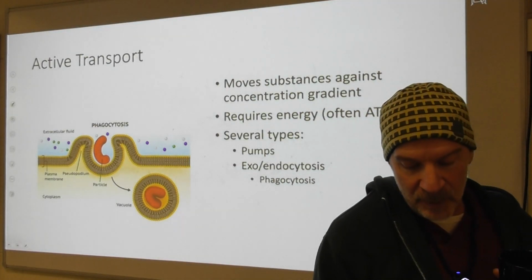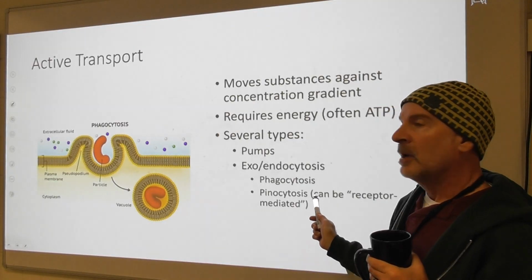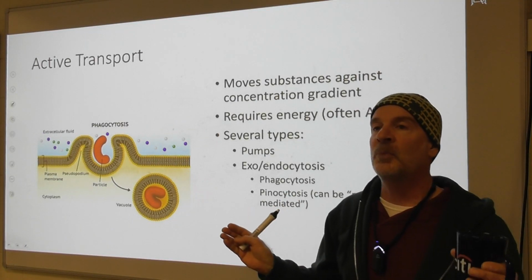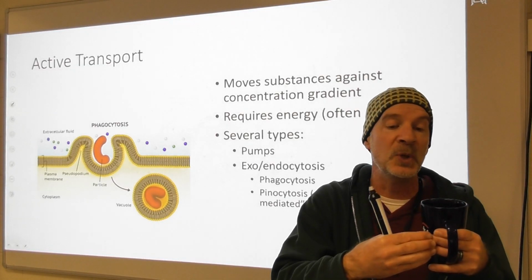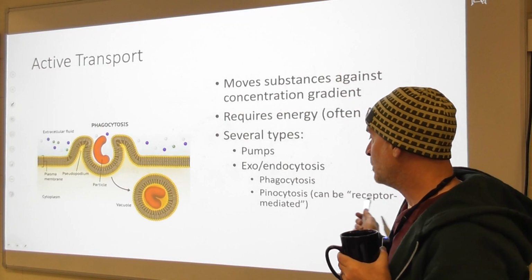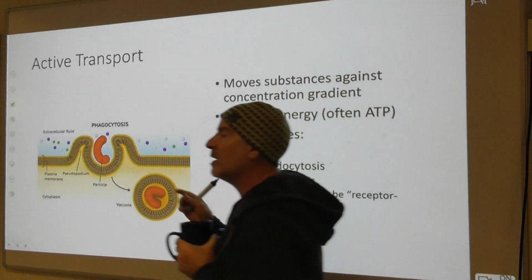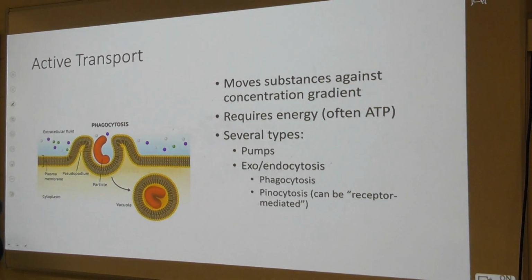There is pinocytosis, which is similar, but generally involves wrapping around a bunch of extracellular fluid and whatever is in there. It can be what we call receptor mediated, which means it can be triggered by certain things, but it's not super selective.